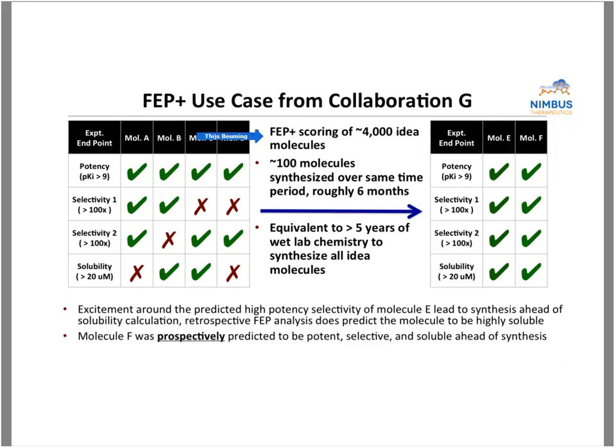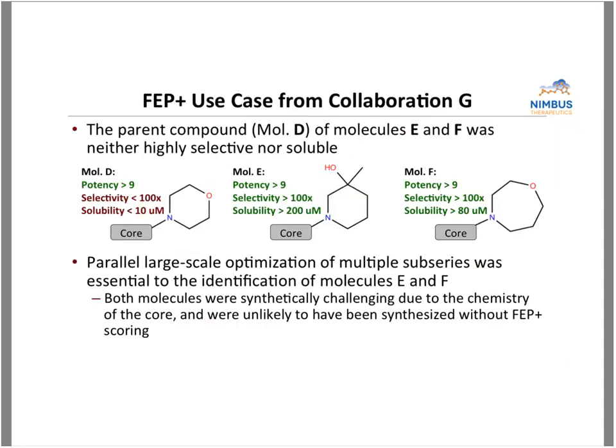We screened a very large number of idea molecules using FEP and synthesized a whole bunch of them over the course of a number of months. And we were able to find 2 compounds that matched all of the 4 criteria that were necessary to take these compounds forward.